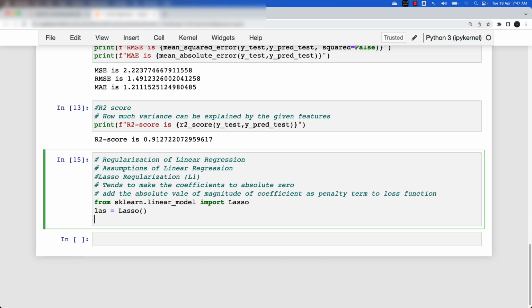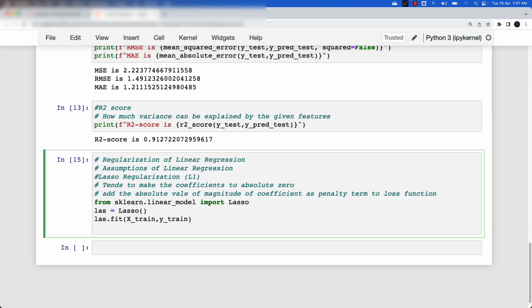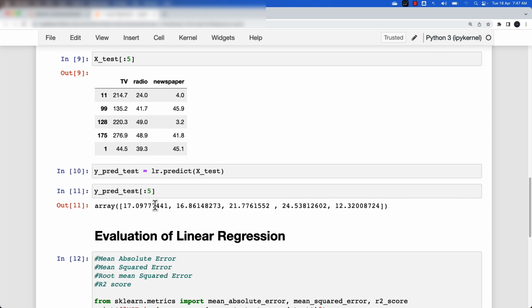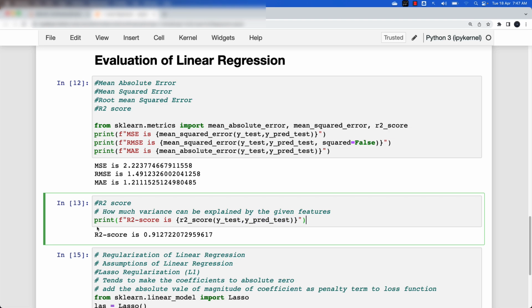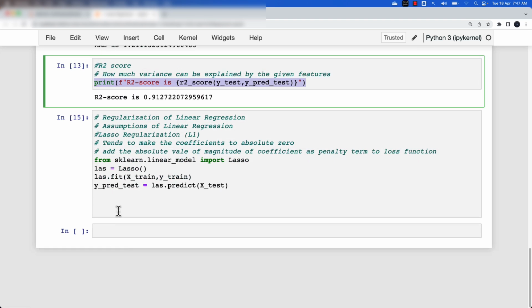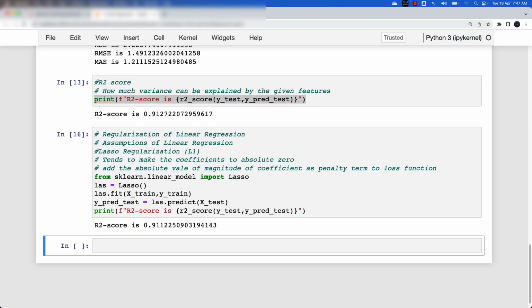Now I can go ahead and perform the fit on my training data, xtrain comma ytrain, and after I perform the fit, we can generate the prediction on the test data. Once we generate the prediction, this time I'll calculate the R2 score.